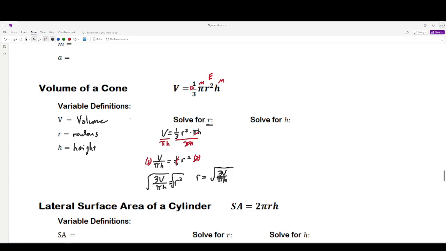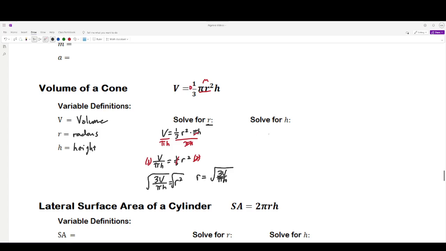All right, solving for h, the thing I want to point out with that is that it doesn't matter that the r is squared. So if I'm solving for h, I have this divide by 3 and this multiply by pi r squared. It doesn't matter that the r is squared, that's just some stuff times h.